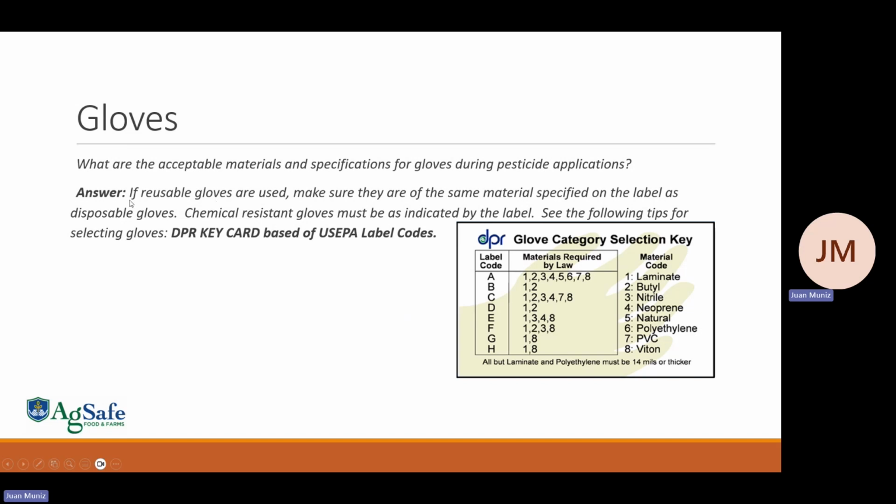Okay, so what are the accepted materials and specs for gloves during pesticide application? Well, the answer is if reusable gloves are used, make sure they are of the same material specified on the label as the disposable gloves. Chemical resistant gloves must be indicated by the label. And again, I refer you back to the California Department of Pesticide Regulation category selection key for gloves.